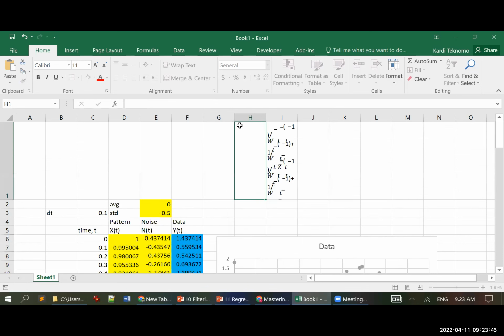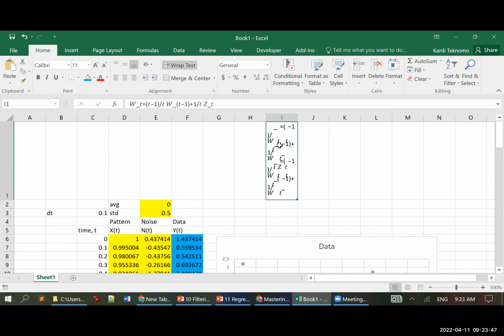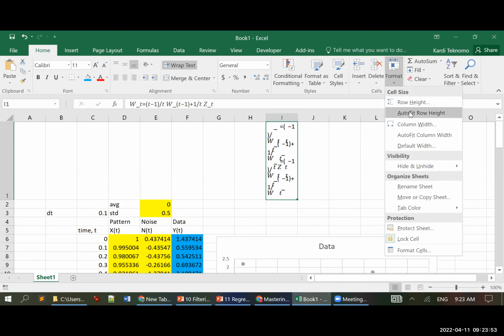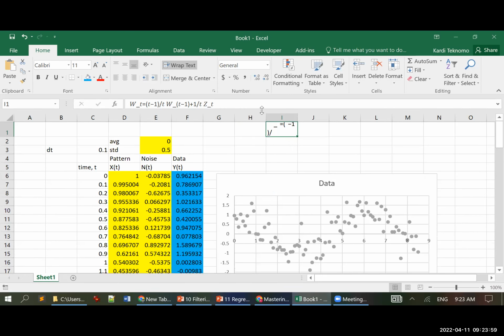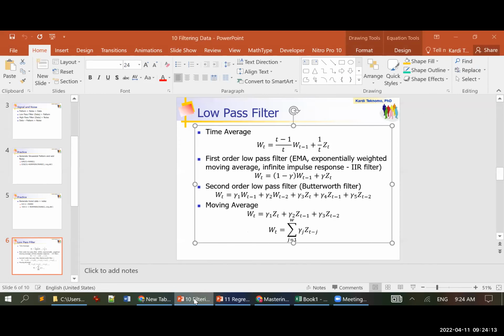No, cannot. Format. Not wrap text. Oh, what happened? Why did the formula become very complex? It's supposed to be very easy.